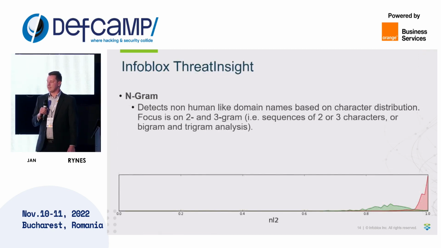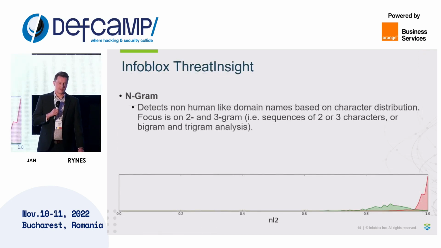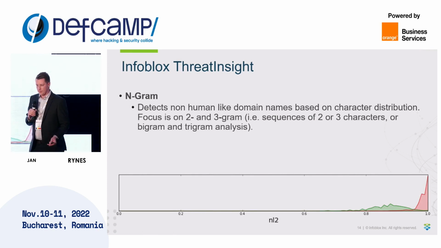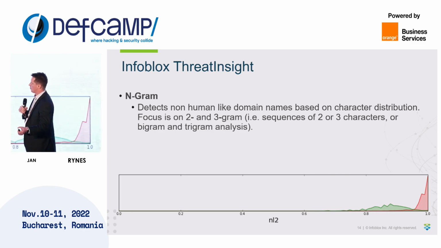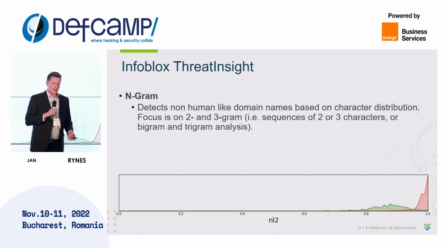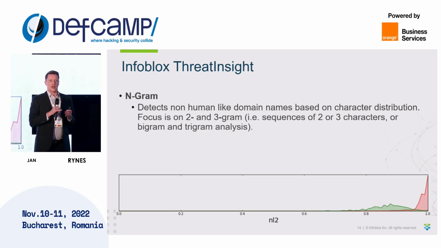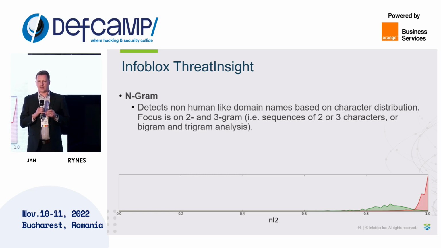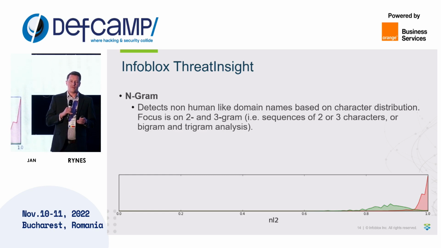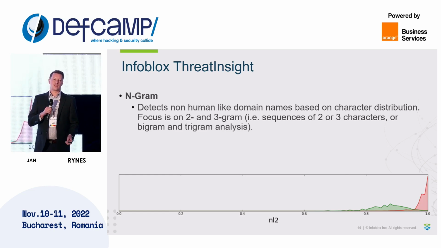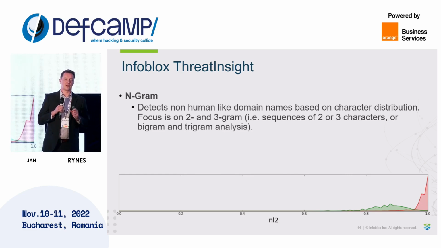Another quite nice detection method is n-gram analysis. We are doing something called 2-gram and 3-gram. We are looking at the ratio of probability that 2 characters are next to each other and can be next to each other. A human-created domain name usually makes sense for us humans.